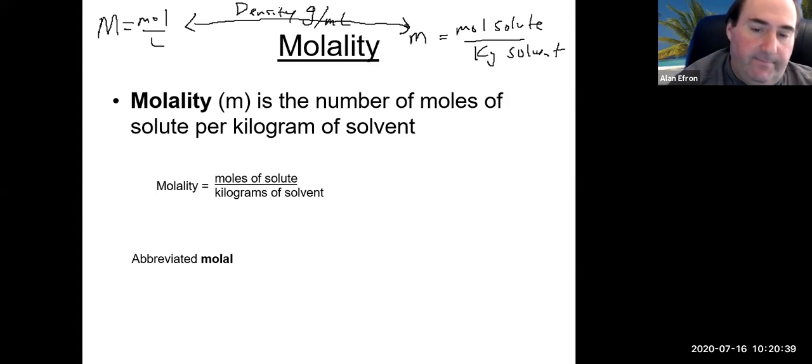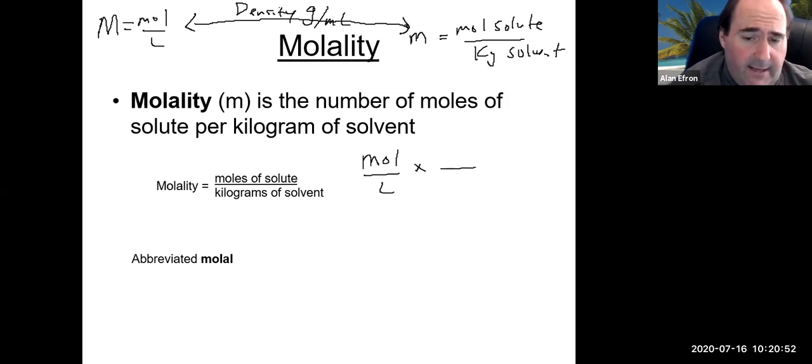Roughly giving you just unit-wise, if you take molarity, moles per liter, and you divide by density in grams per milliliter, and we convert those milliliters into liters, milliliters cancel, liters cancel.